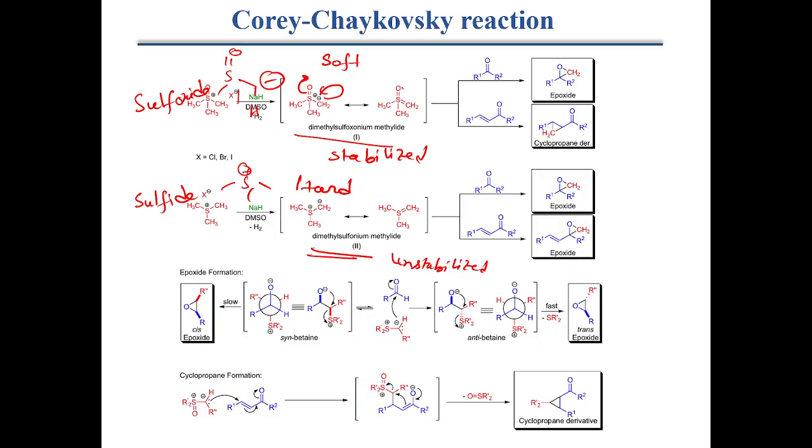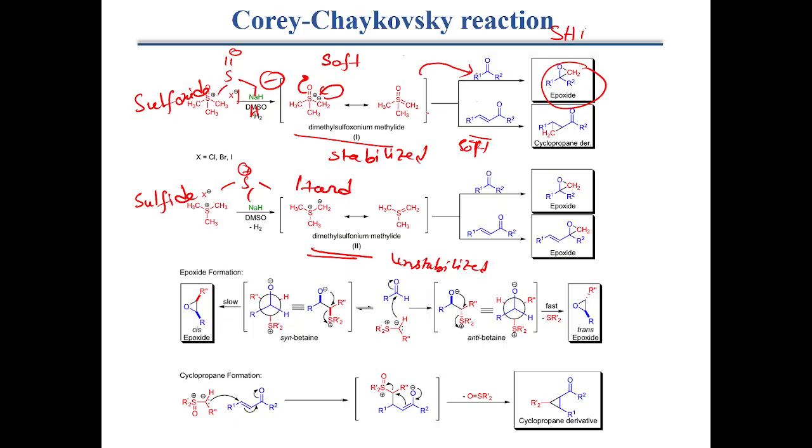So if we use any kind of ketone or enone, as this is hard, if we use a ketone, it will directly react with the ketone, giving this epoxide. I am coming to the mechanism. But if we use this enone, as this is soft and this position is also soft, there is a possibility of soft-soft interaction.